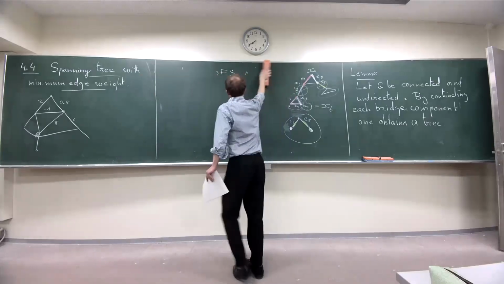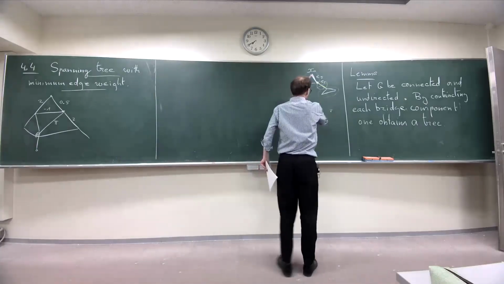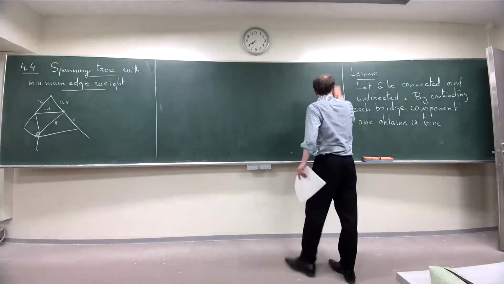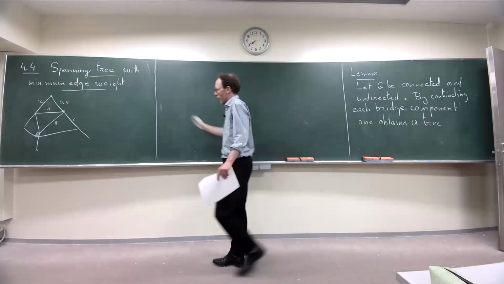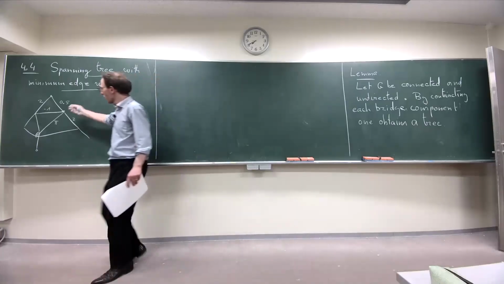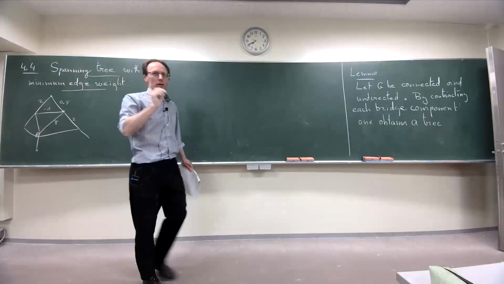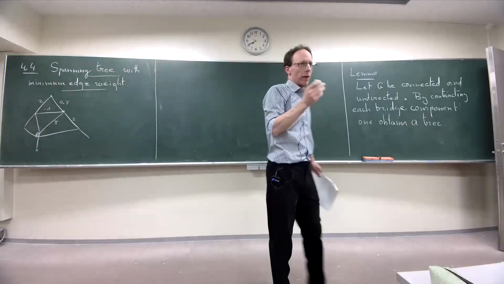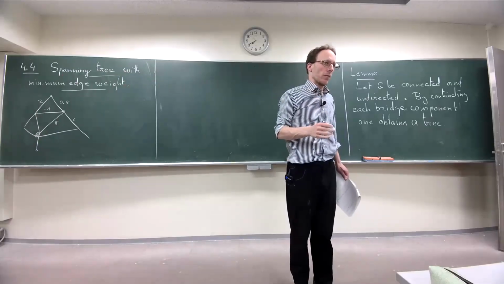And now we know that it's undirected. We know we can always construct a spanning tree, and there is not a unique solution. There are plenty of spanning trees. You can wonder: if I add these weights on the edges of the spanning tree, I'm getting a number. How can I minimize this number?